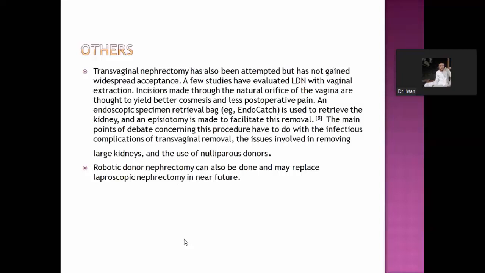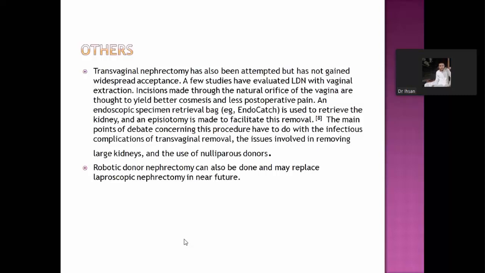Other techniques for nephrectomy. Transvaginal nephrectomy has also been attempted but has not gained widespread acceptance. A few studies have evaluated LDN with vaginal extraction. Incision made through the natural orifice of the vagina is thought to yield better cosmesis and less post-operative pain.